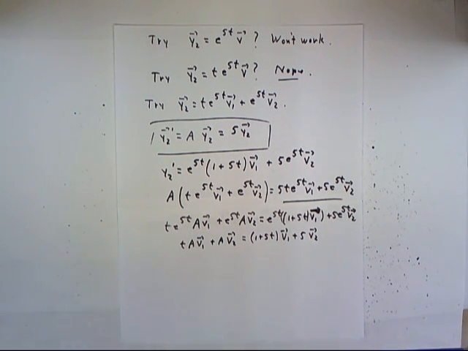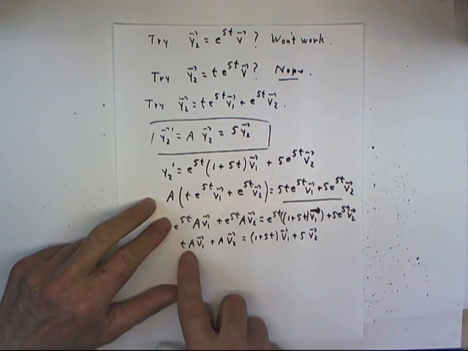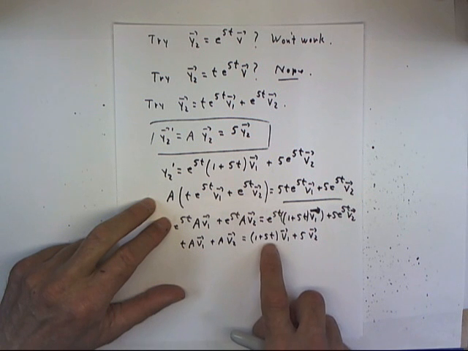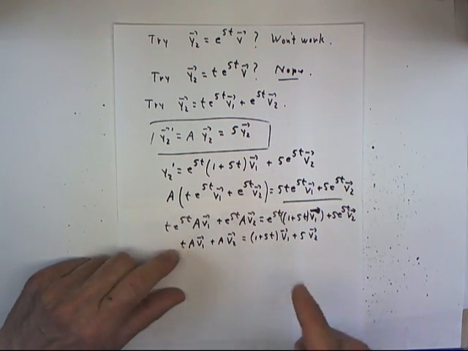And now the multiples of t on both sides have to be equal, and the non-multiples of t have to be equal. t is a variable, so that the t A v1 is going to have to equal the 5t v1 for all values of t.